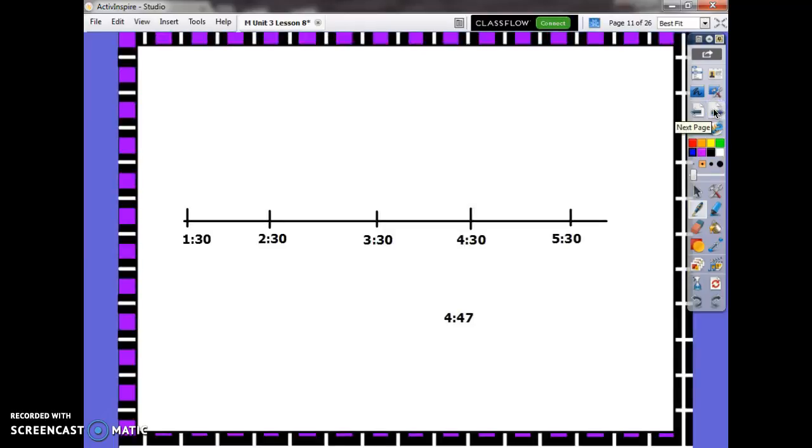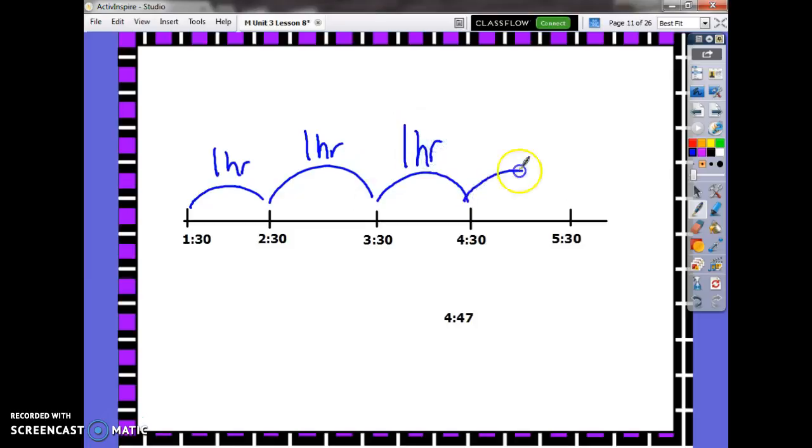I can also work at it on a number line. This number line, as you can see, goes up by increments of 1 hour. So I go from 1:30 to 2:30, 2:30 to 3:30 is another hour, and so on. Whenever we look at a number line for a graph or time or anything else, you want to first notice how far it is between each segment.